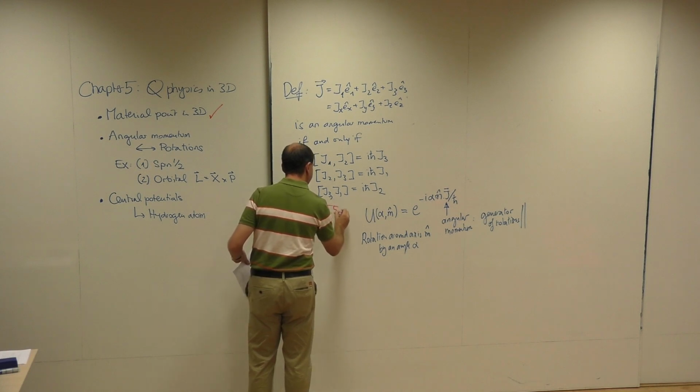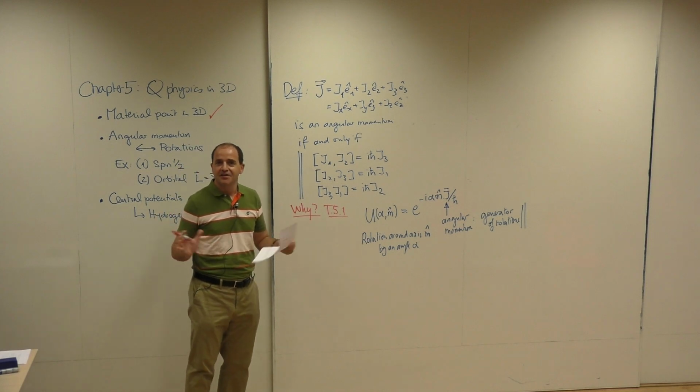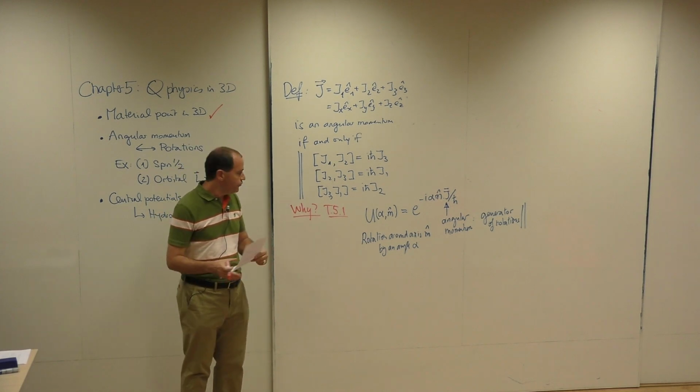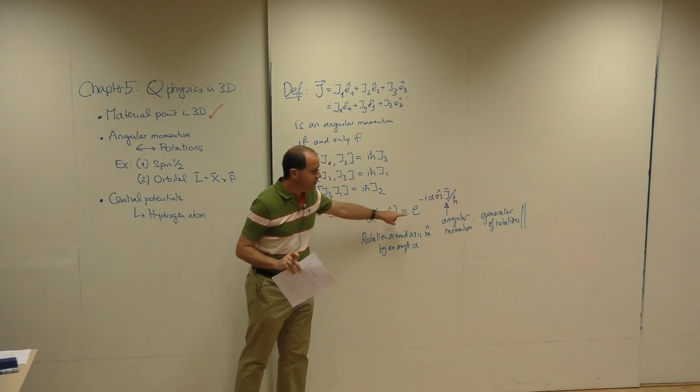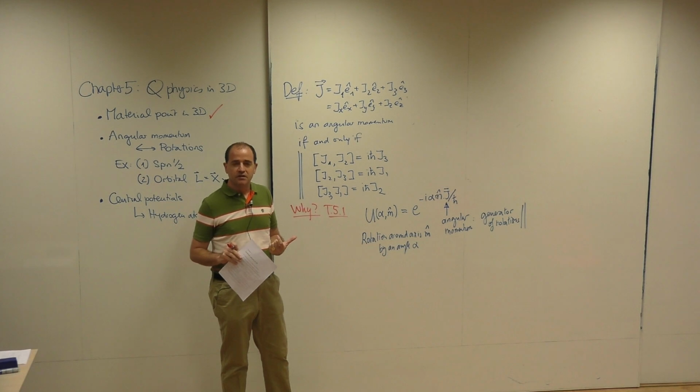Tutorial 5.1: the idea is that these guys represent rotations. And so when you combine these unitary operators, you need to have the same algebra as the algebra of rotations. What does that mean?